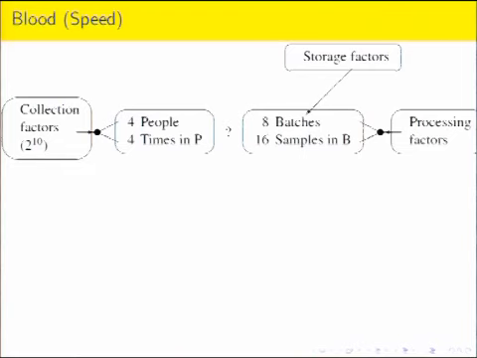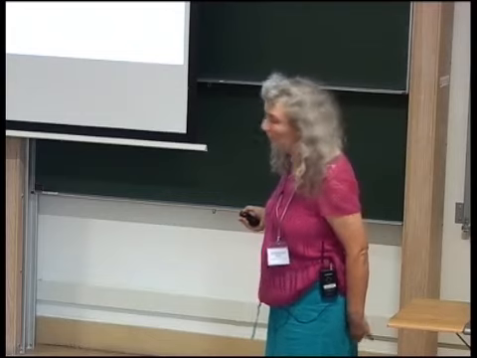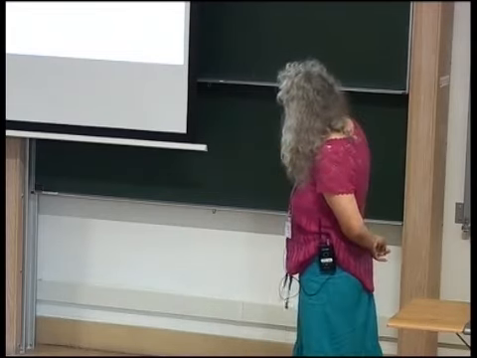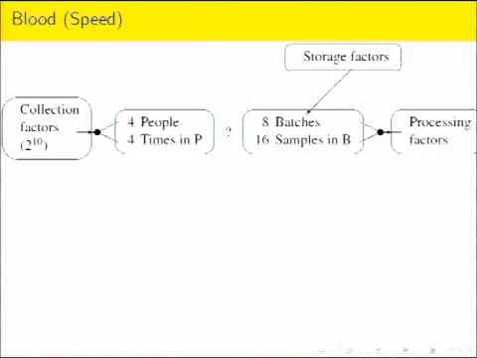He said, well, maybe we can get 8 samples from each of these, and then we've got some processing factors and some storage factors. So I haven't actually consulted him on this, but I think some of these factors could be put to any old combinations here, but probably the storage factors have to be applied to whole batches at a time.